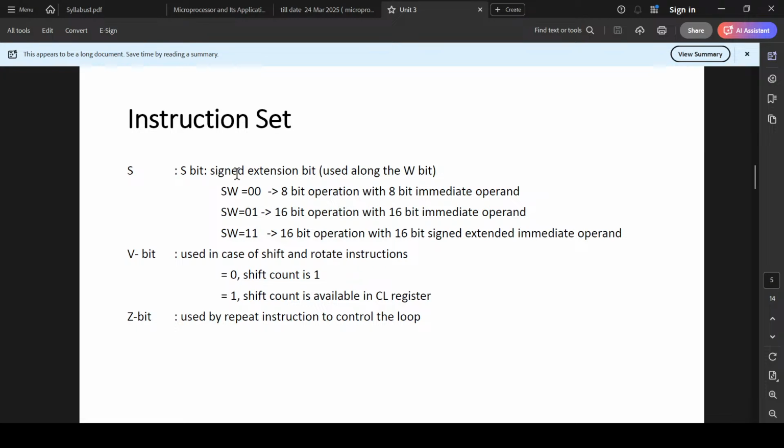So signed: 8-bit operation with 8-bit W, 8-bit operation with 16-bit. Something is written wrong here: 16-bit operation with 16-bit. The V bit is used in case of shift and rotate instructions: shift count 1, or shift count in register. The Z bit is used by repeat instructions to control the loop.